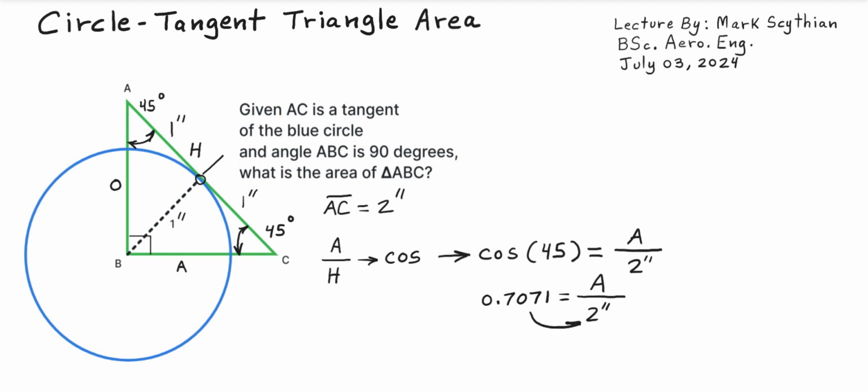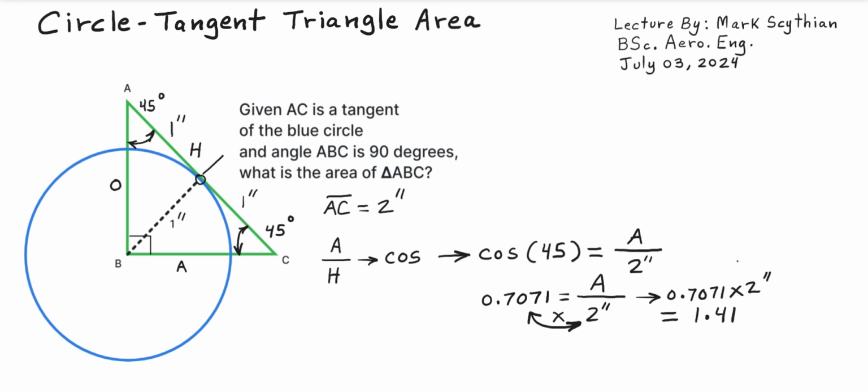So we can just multiply our output value 0.7071 times 2 inches, the denominator, to get the numerator, the adjacent side. So 0.7071 times 2 inches will equal 1.41.